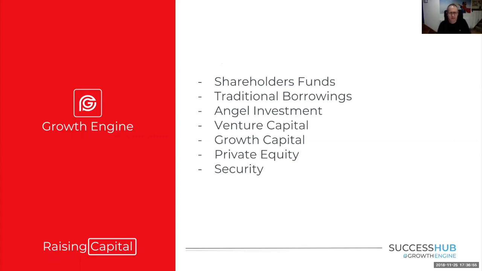And it wouldn't be discussing capital or raising capital if we didn't touch on security. And at every stage, security is going to be required. If you are the existing founding director, you're using your own savings or capital that you've saved up, and you may be remortgaging the house to put in.